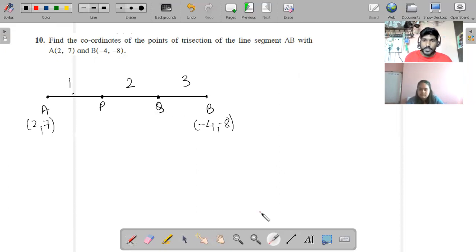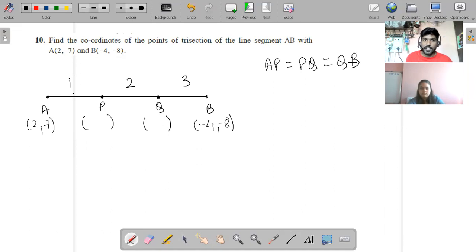In this question they are asking us to find the coordinates of P and the coordinates of Q. So AP equals PQ equals QB.